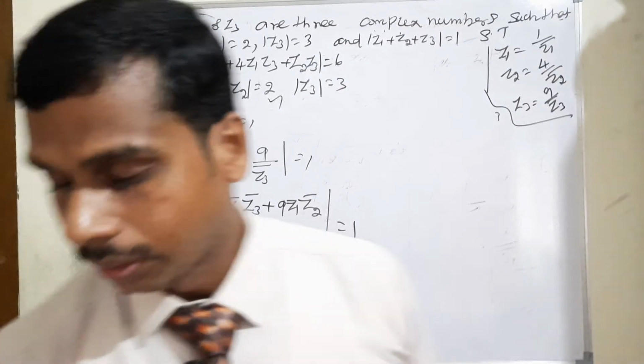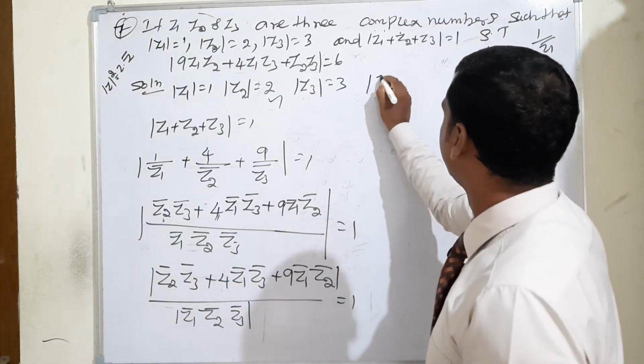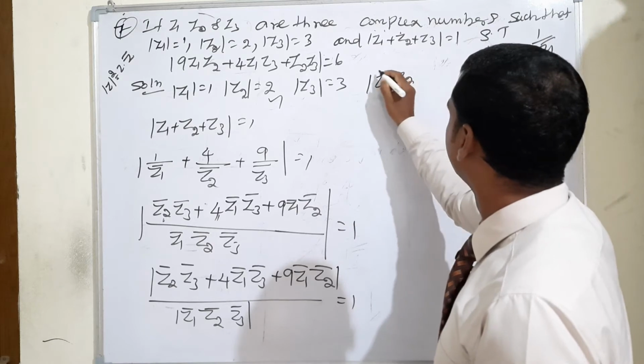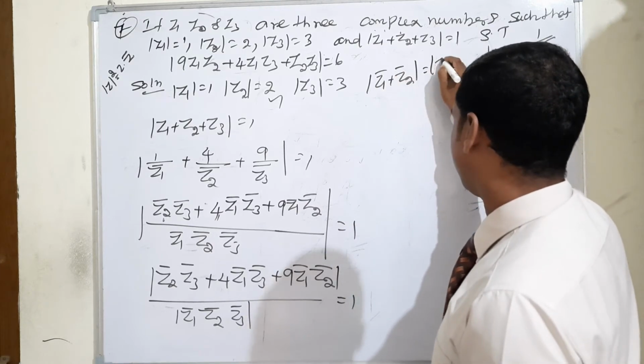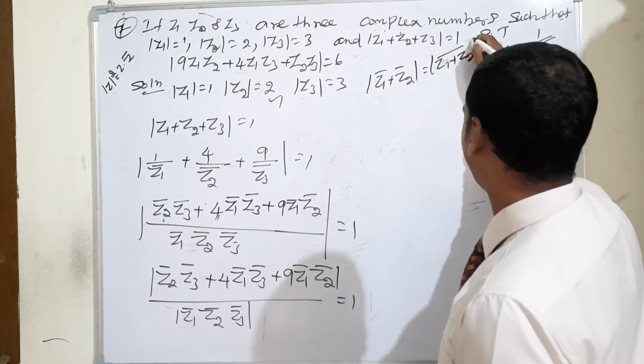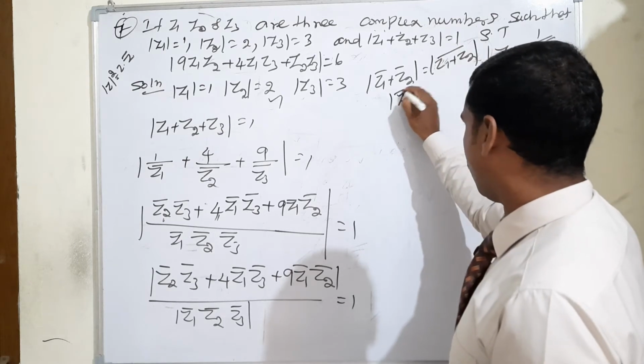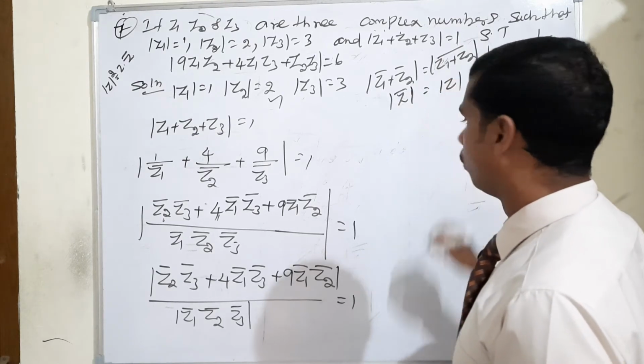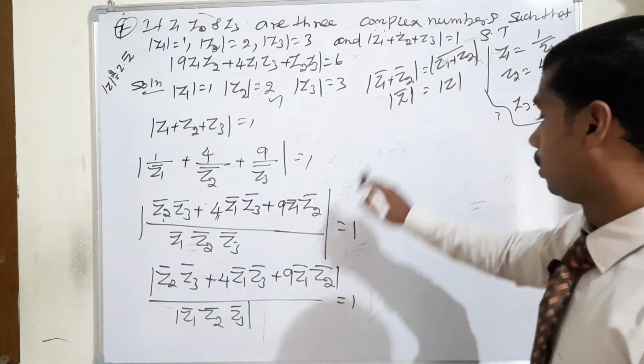Now we are applying another property: modulus of Z1 bar plus Z2 bar, we can write as Z1 plus Z2 the whole bar. Then another property: modulus of Z bar is equal to modulus of Z, we can write without bar. We apply this property.